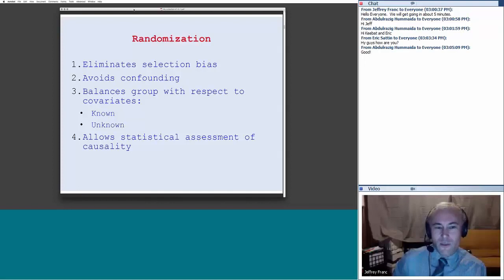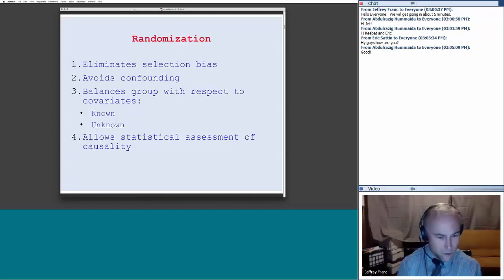If you do a study, for instance, on effectiveness of a certain type of disaster plan in your hospital, perhaps there's something confounding that. Perhaps your hospital is particularly suited to your disaster plan, and then the results we get cannot be generalized to other settings. So randomization can balance the group with respect to covariates.